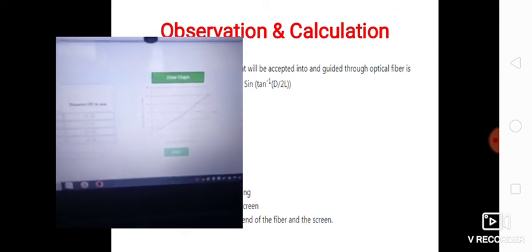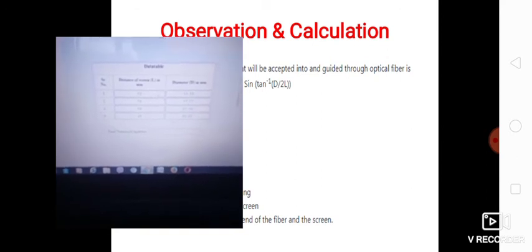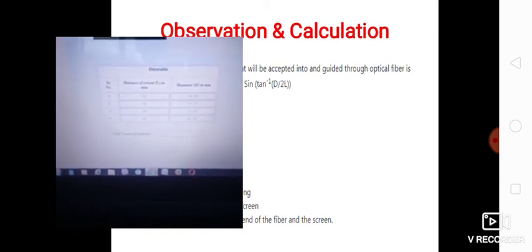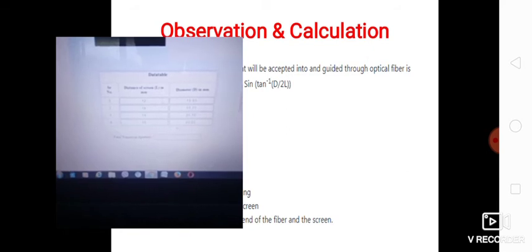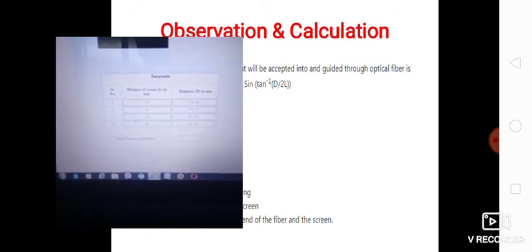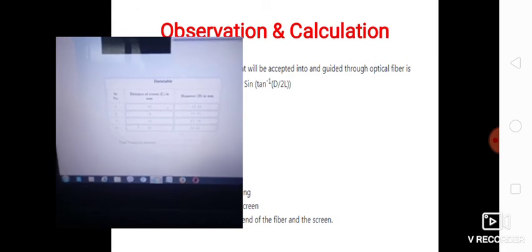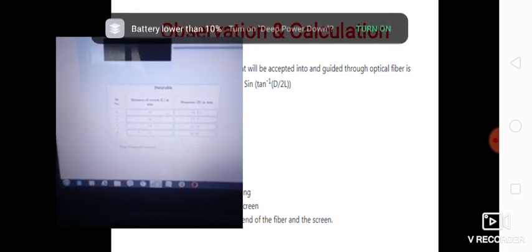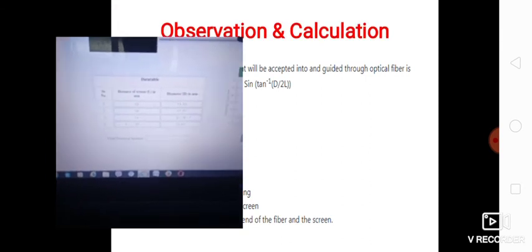Then the last step is the formula we studied, which you are going to use here to calculate numerical aperture. What is that? NA is equal to sine tan inverse of D by 2L. So here you have 4 readings. Respectively, one by one, you have to put all these 4 readings in that formula, and you will get your numerical aperture 4 times.